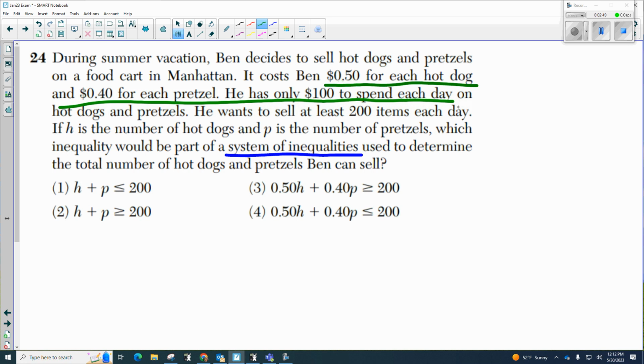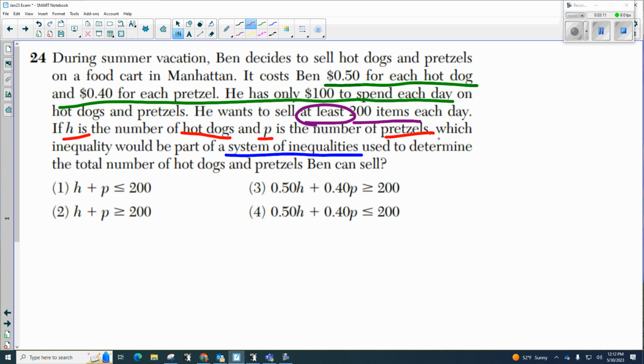We also know that he wants to sell at least 200 items each day. And they don't give us other numbers to go with that one, so we'll see in a minute. But one of the keys here too is that they tell us H is the number of hot dogs and P is the number of pretzels.